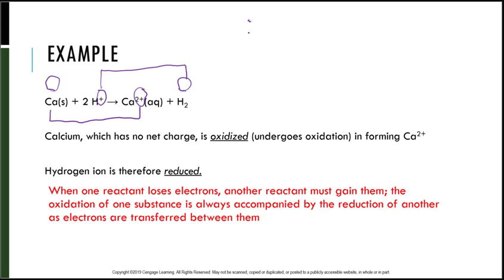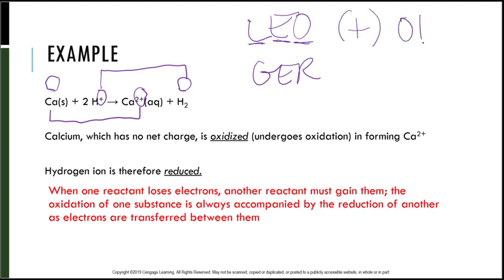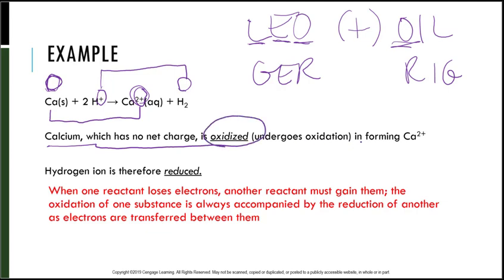So LEO the lion goes GER. The loss of electrons is oxidation. Oxidation becomes more positive. Or again, if you want to say OIL RIG. Who became more positive? Calcium did, right? Calcium went from 0 to positive 2. So calcium has been oxidized. Calcium is oxidized or underwent oxidation, forming Ca 2+.